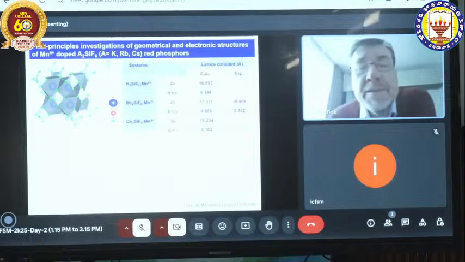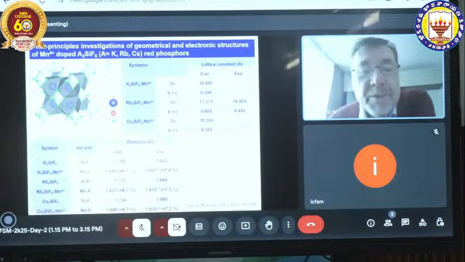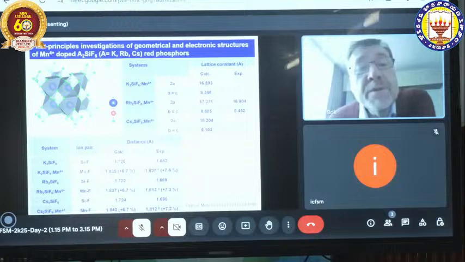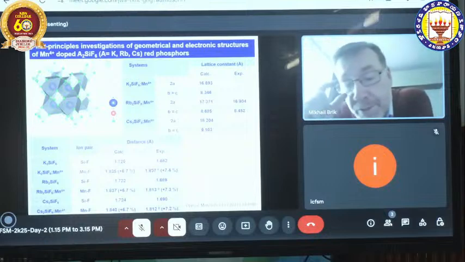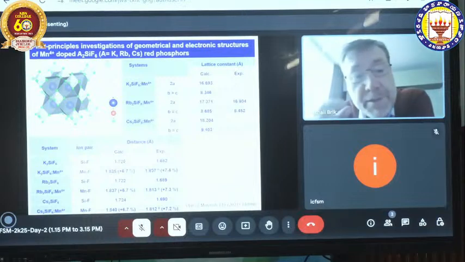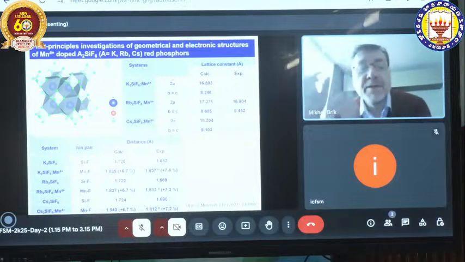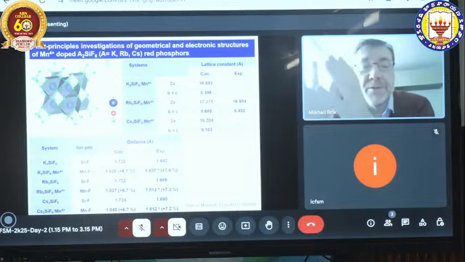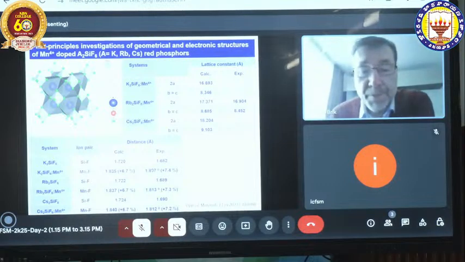Then, of course, in the optimal geometry, the addition of manganese produces some variation of chemical bonds. It is clear why: manganese 4+ has a larger ion radius compared to the silicon 4+ ion radius, so we have a kind of expansion of the crystal lattice, which is shown here by these numbers.